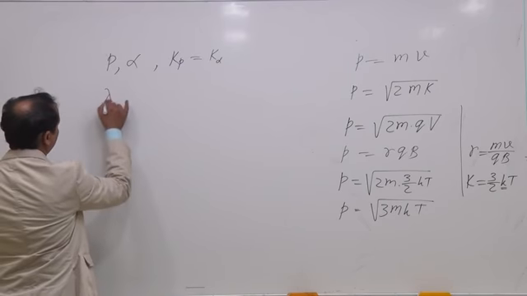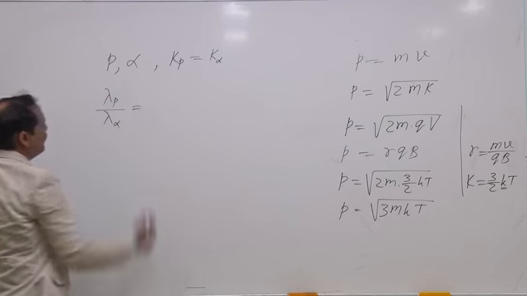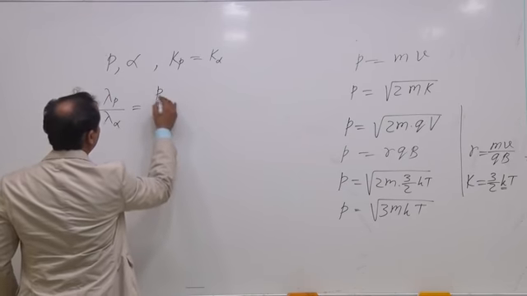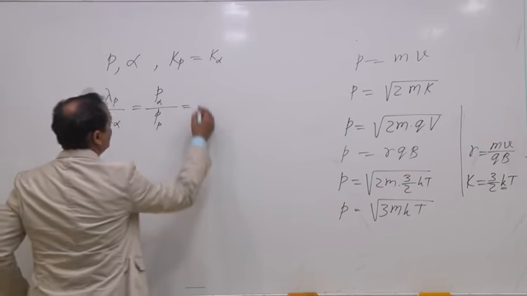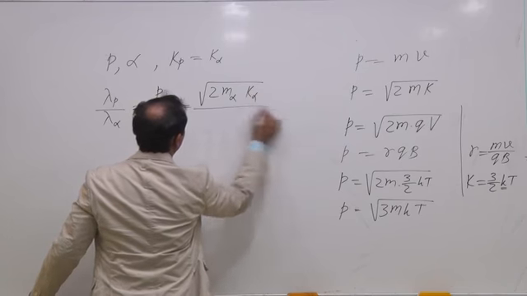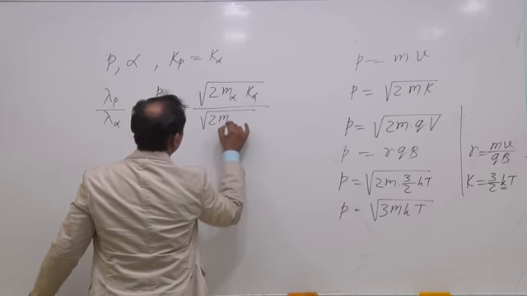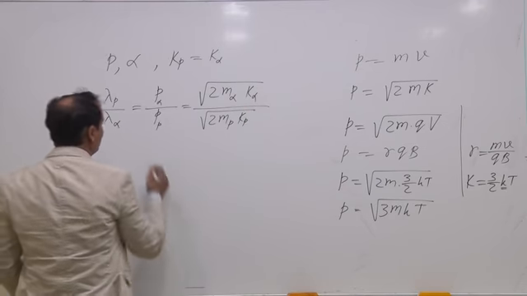So, from here we can have lambda p by lambda alpha is equal to momentum of the alpha particle by momentum of the proton, that is equal to under root 2 m alpha K alpha by under root 2 mp Kp. Kp and K alpha are equal.